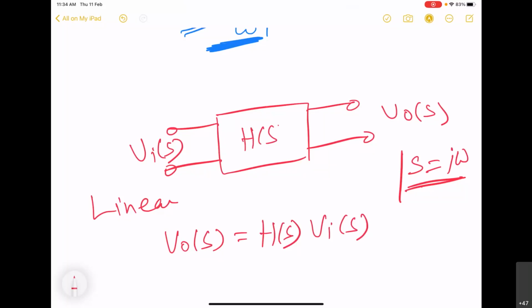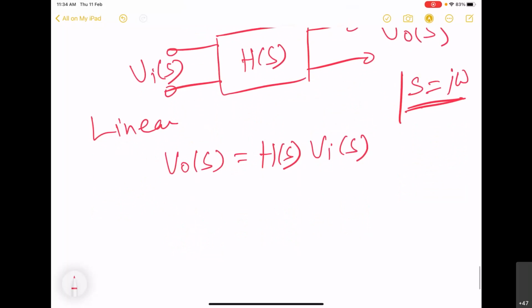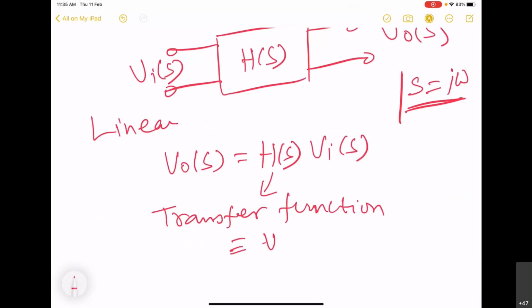And we will see that this H(s) characterizes this two-port network, and in general will be called the transfer function. For an amplifier, this transfer function becomes gain, say voltage gain or maybe current gain.